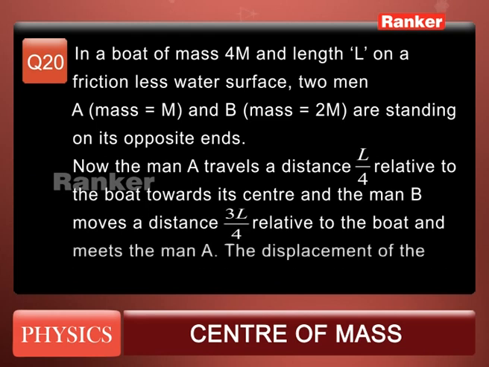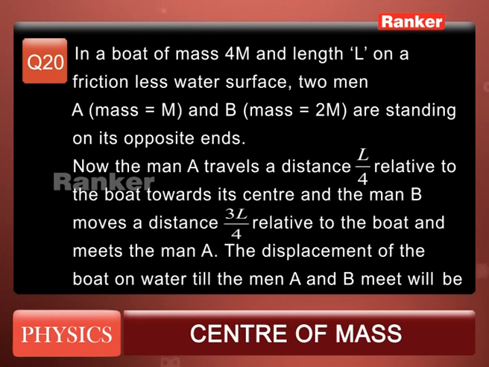Question number 20. The question is that in a boat of mass 4m and length L on a frictionless water surface, two men A and B, A having mass m and B of mass 2m, are standing on its opposite ends.